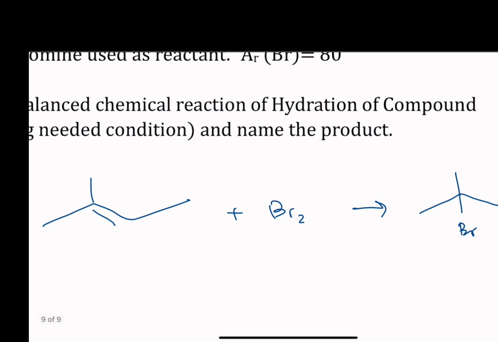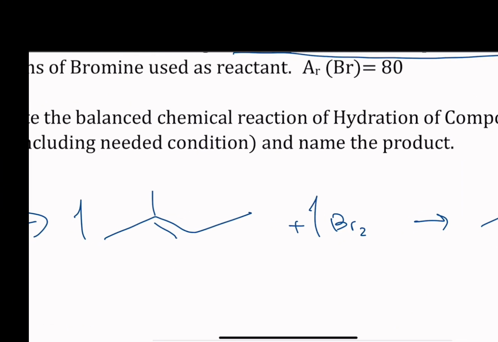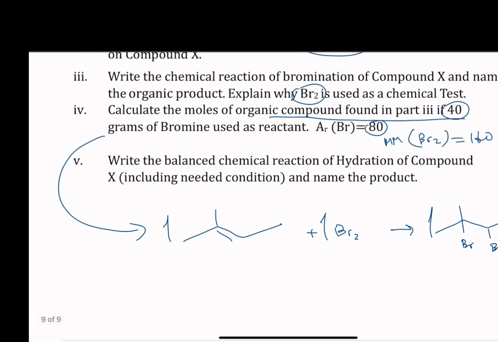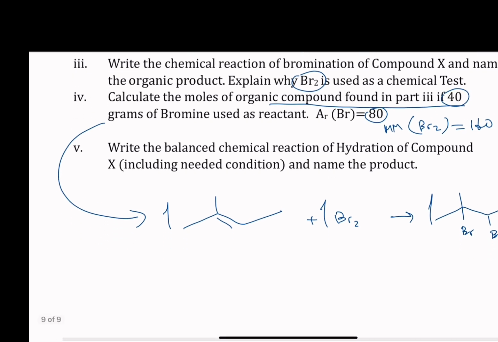So this is 1 mole, 1 mole, and 1 mole. Br2 molar mass is 160, so 40 grams of bromine would be just 0.25 mole.